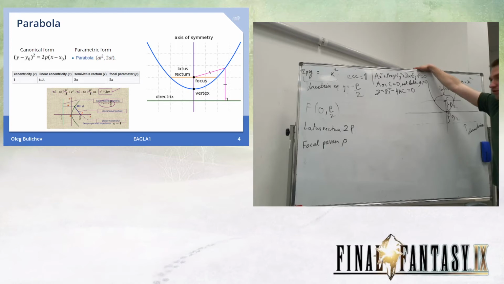Okay, what do we need to add there? What didn't we add? What about the tangent to the parabola?